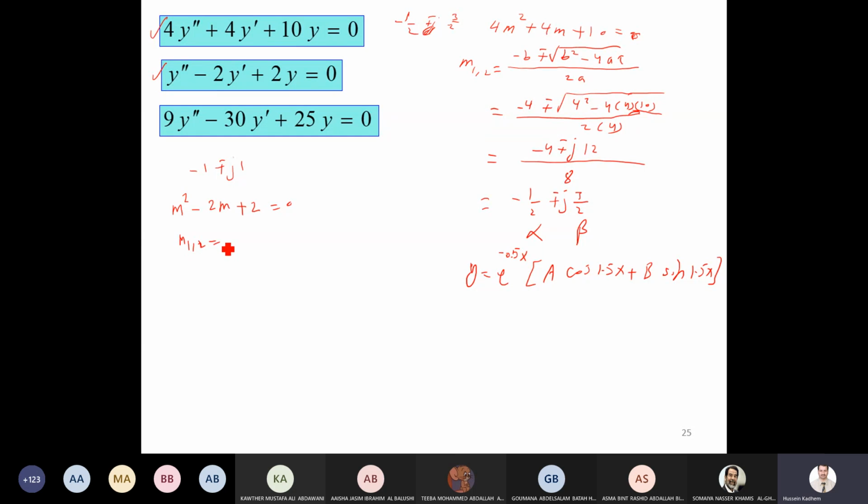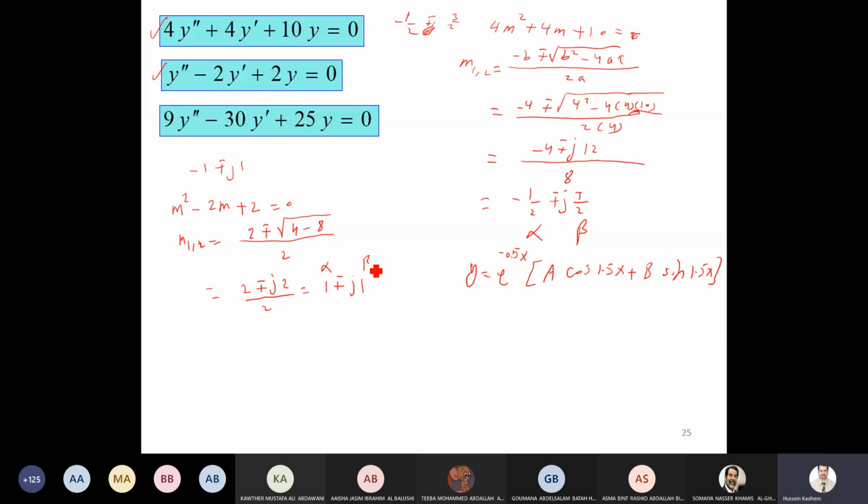m1,2 equals, directly I will substitute in the formula. Minus minus will be plus 2, plus minus square root of 2 squared, 4, minus 4ac, 4 times 2, 8, over 2a, 2. This is equal to 2 plus minus j square root of 4 over 2, which gives 1 plus minus j.